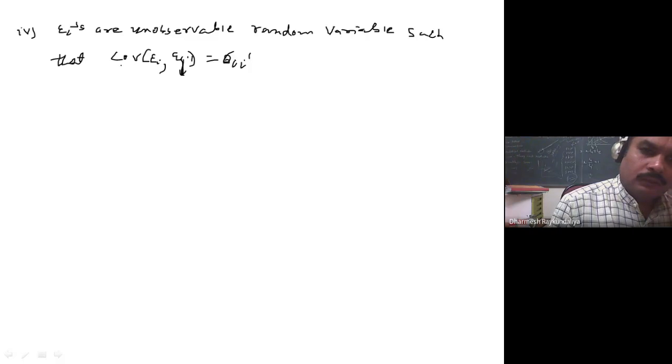In good writing, let us say covariance between epsilon i and epsilon i dash.